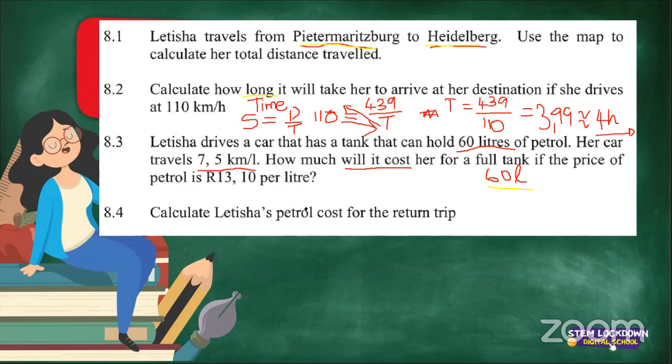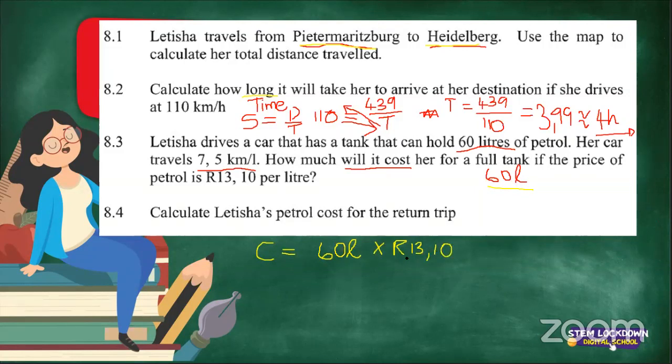So for the full tank, the cost, C is for cost, is equal to 60 liters, the full tank capacity, times 13 rands 10 cents per liter.